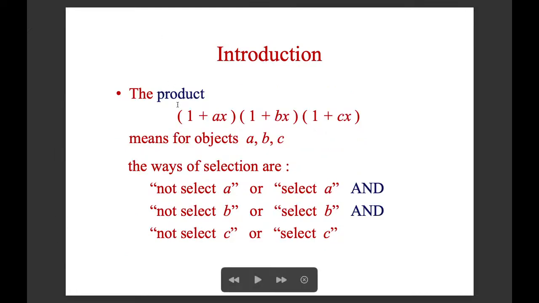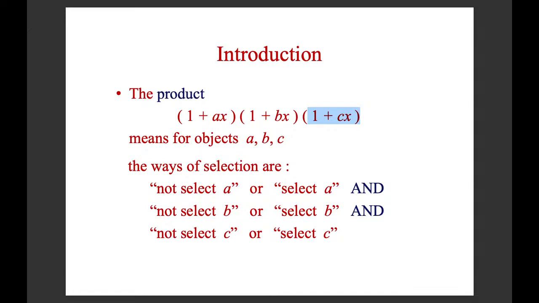And then the product of the terms 1 plus ax, 1 plus bx, 1 plus cx actually means that when we are doing the selection, we need to make a choice whether we are selecting A or not, whether we are selecting B or not, and whether we are selecting C or not. Once we have made up our mind, this will give us a particular selection.